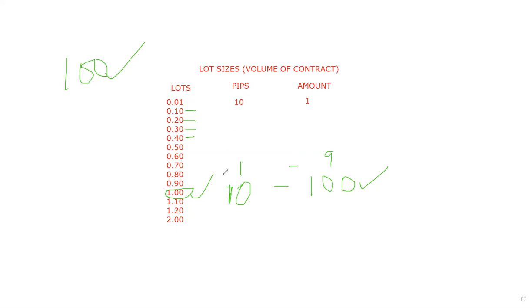So it is easier with this, as I have explained, for you to know how much you will be making if you choose any of these lot sizes. Because if you know that you have a $100 account, and then the question is, what lot size would be appropriate to use?